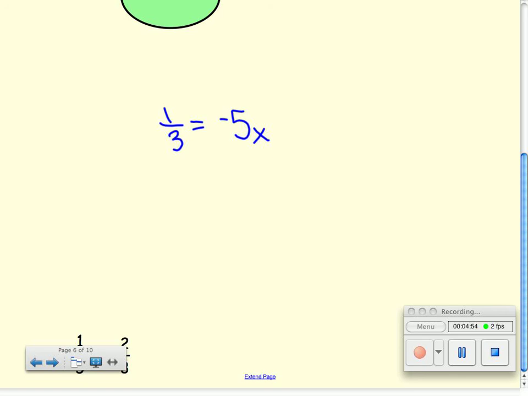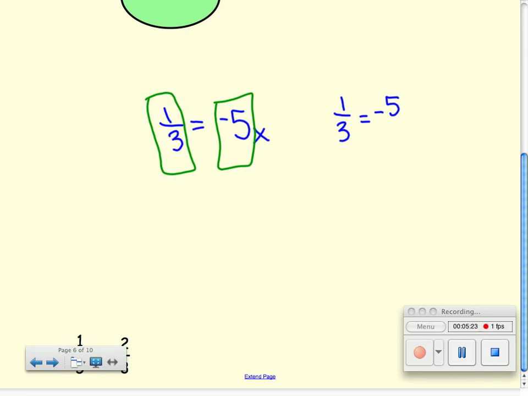Reminder, solving for x, you're always doing the opposite. So in your head, you might be thinking, that's negative 5 times x. How do I move times? I divide. But since we have a fraction here, we want to turn this into a fraction because we want to be able to apply reciprocals. So I'm just going to rewrite that.